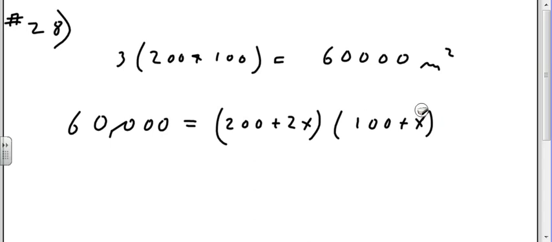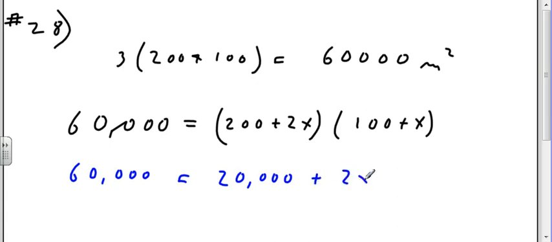All right. So I have to do this right the first time. I can't goof off. So I've got 60,000 is equal to a 2 with 4 zeros, plus I have a 2x squared.